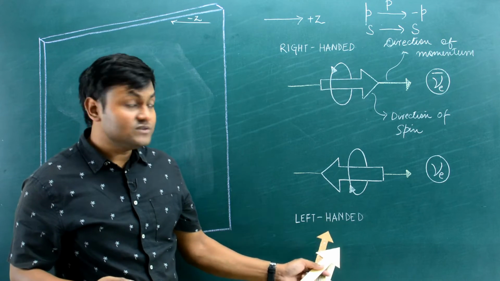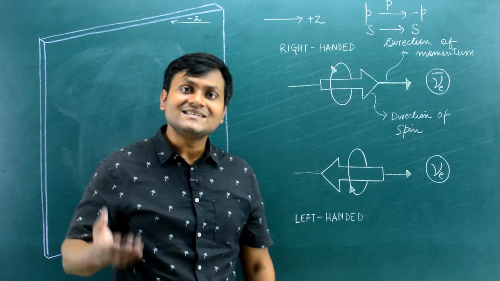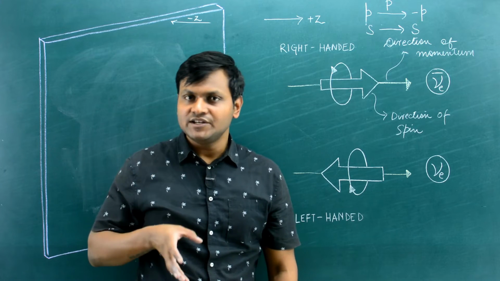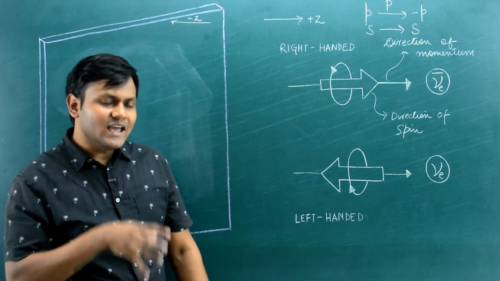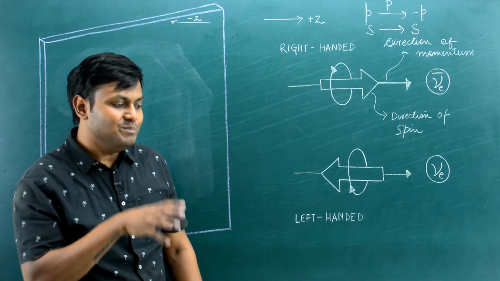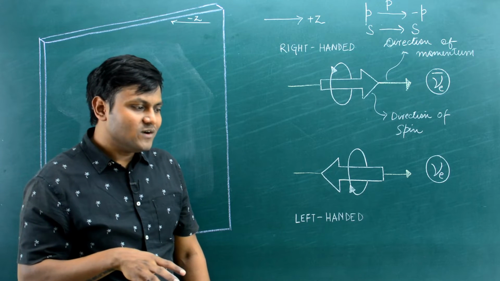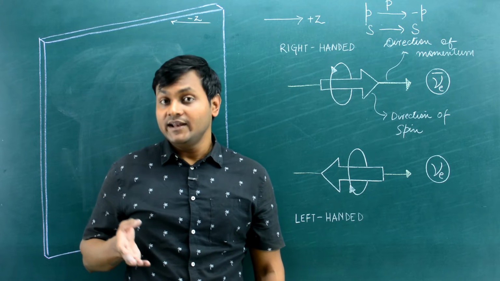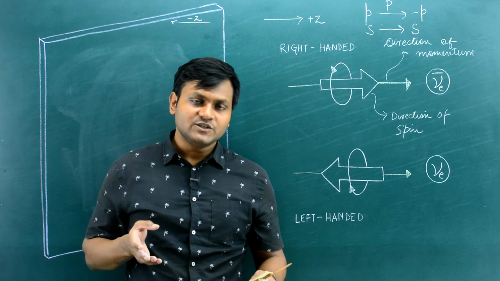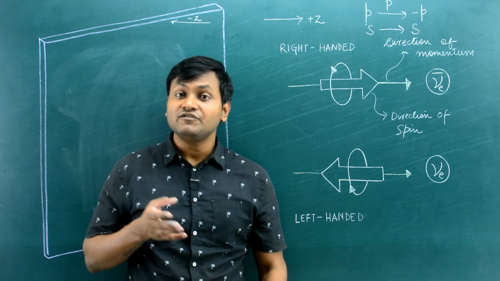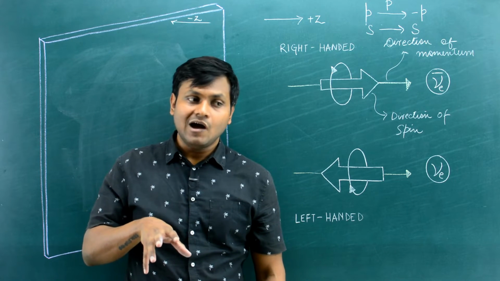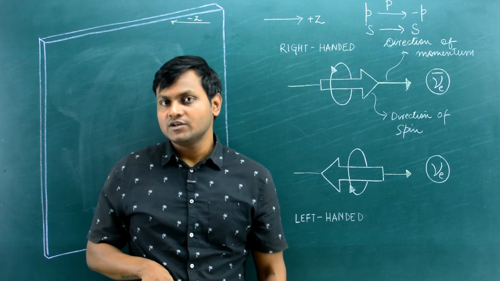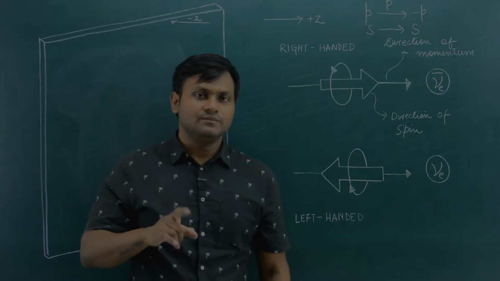Right-handed neutrinos and left-handed antineutrinos do not exist, which is fundamentally a result of the violation of parity symmetry in this universe, and that can be demonstrated by beta decay processes, which were used to experimentally show how the weak interaction violates parity. That was one of the first experiments, performed by Chien-Shiung Wu in 1956, that showed how parity symmetry is violated, at least for the case of weak interaction. So let's talk about that experiment.